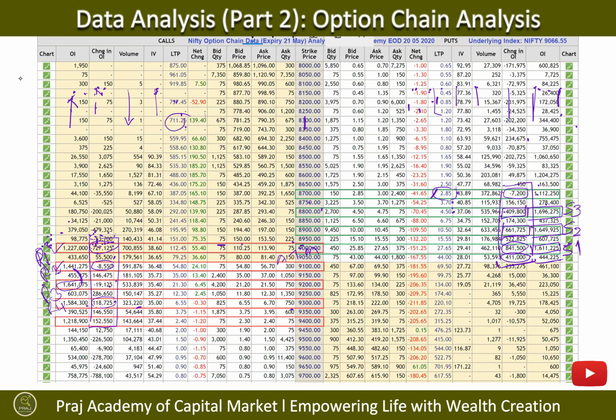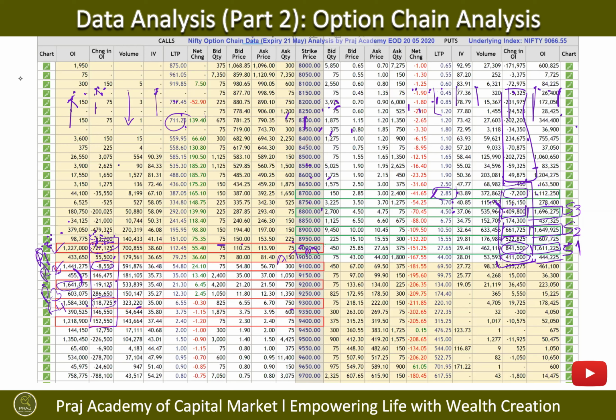So now what is visible from this option chain data? One thing is there. At lower levels, calls have been unwound. That means these participants have closed their position thinking Nifty, at least on 21st, by the time this option expires, will not come below 8,700.